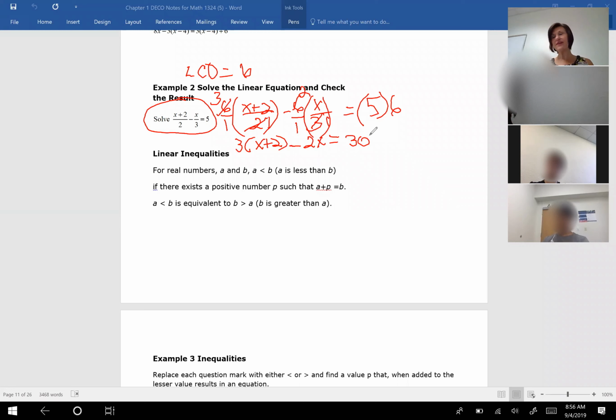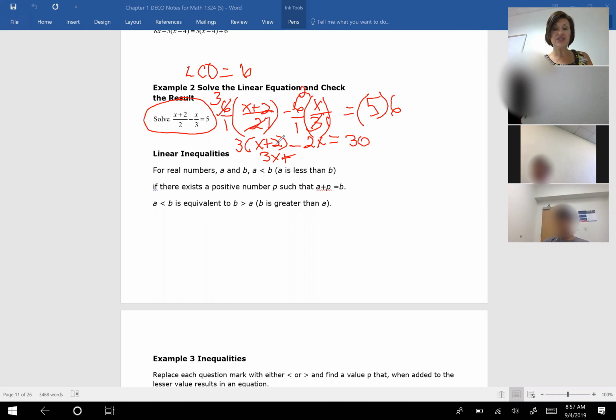Okay, what would you do next? Because remember, our goal is to solve for x. We want to find out what x is. So what would you do next? Distribute. Go ahead. You can tell me what to write down. Go ahead, James. 3x plus 36. Plus how much? I'm sorry? 36. Because you're doing 3 times 12.